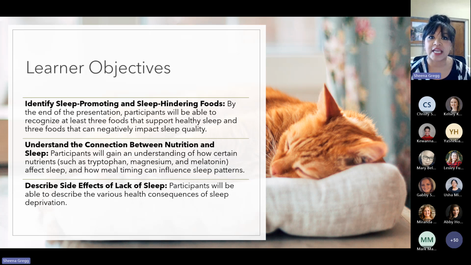And then also understanding that connection between nutrition and sleep. We may not have ever actively thought about that connection together. So, really want to dive into that. And then also to describe the side effects of lack of sleep. I think that we've all experienced sleep deprivation before. We know how it affects our performance, but really, how does it affect us internally at the cellular level?